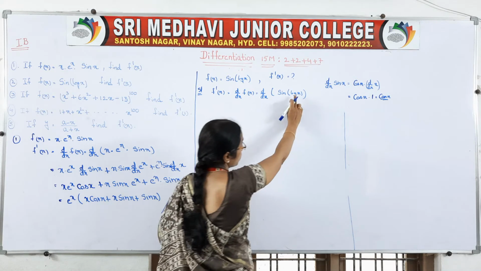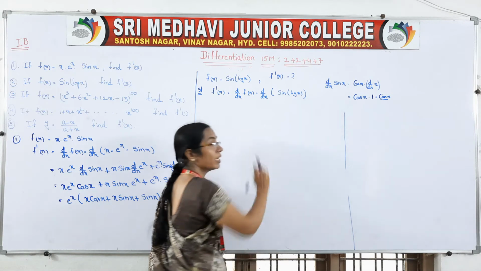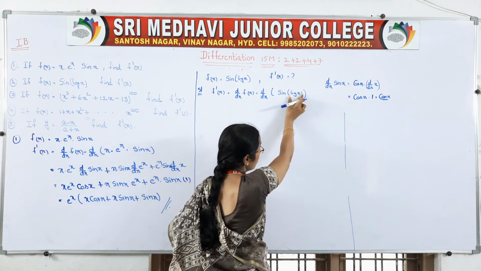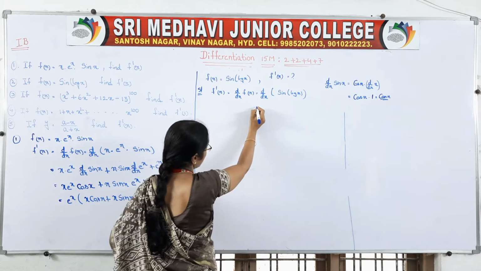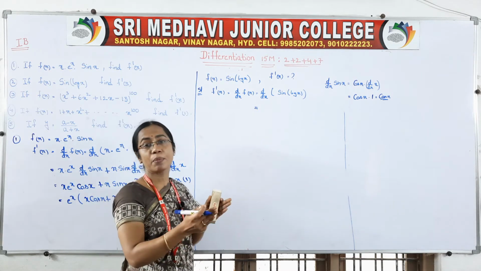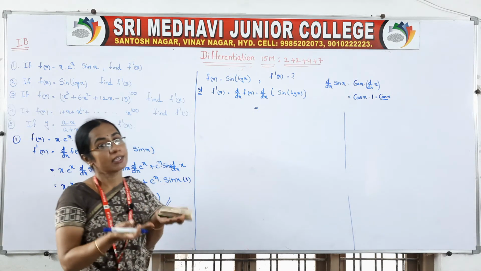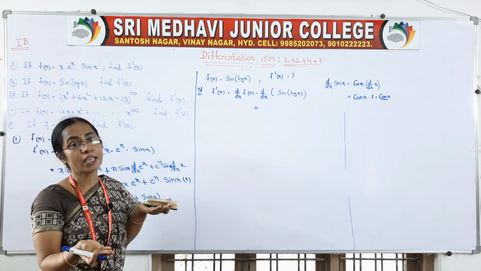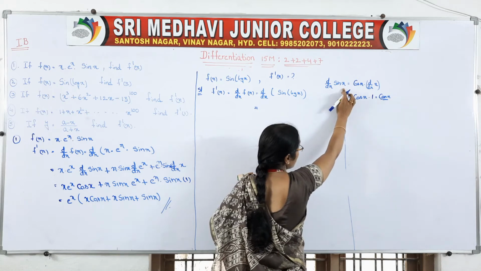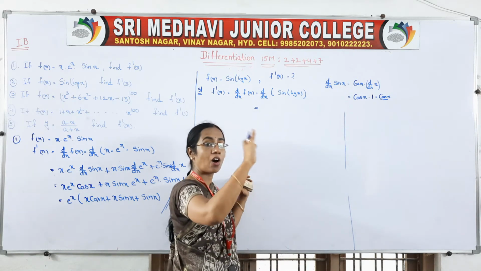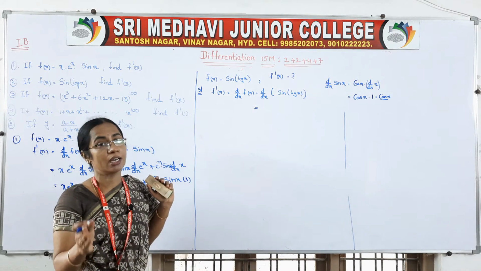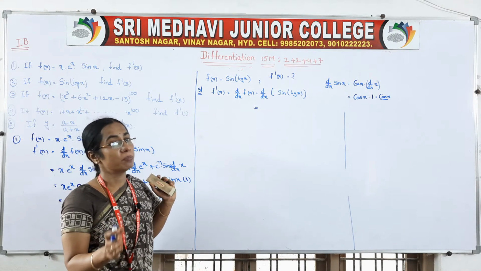So instead of x we are having log x in the variable place of sin. You can read that formula as: instead of x we can take any variable. What is the formula? d by dx of sin of any variable is equal to cos of that variable into d by dx of that variable. Getting my point? Be clear.